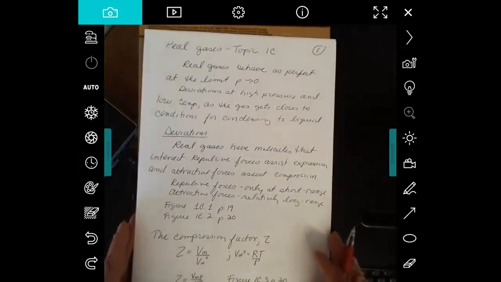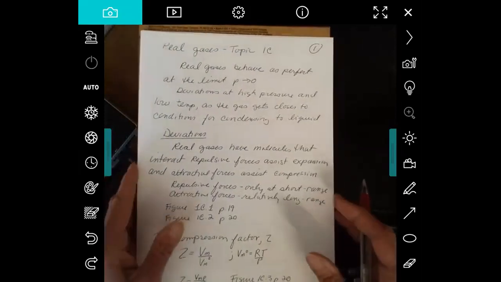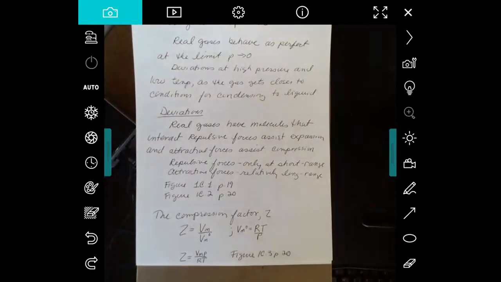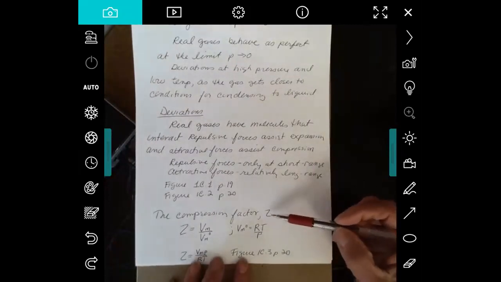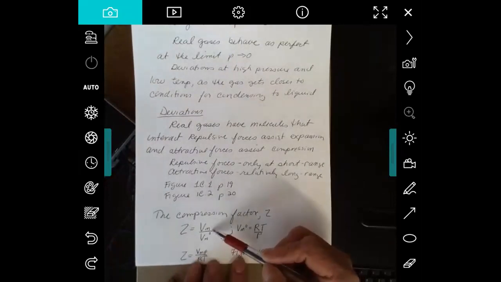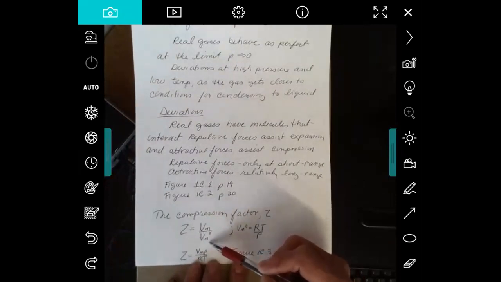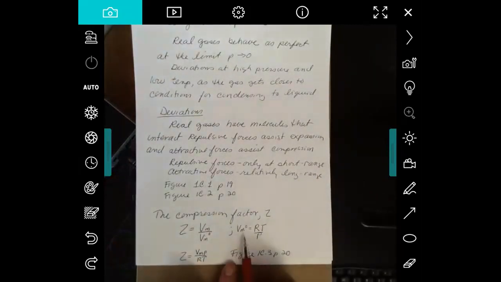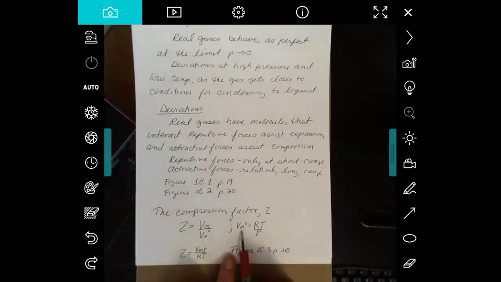Usually one of the most common ways to express non-ideal behavior is with something called the compression factor, which is given a capital Z. The compression factor is the molar volume of your gas compared to what the molar volume would be if it was a perfect gas. So we can calculate the molar volume of a perfect gas.